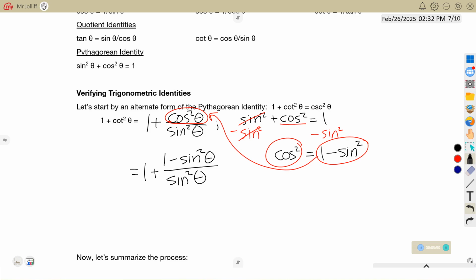So my instinct is let's split that numerator into two separate fractions. 1 plus, and then I'm going to separate the numerator. I'm going to have a fraction for the 1 minus a fraction for the sine squared.